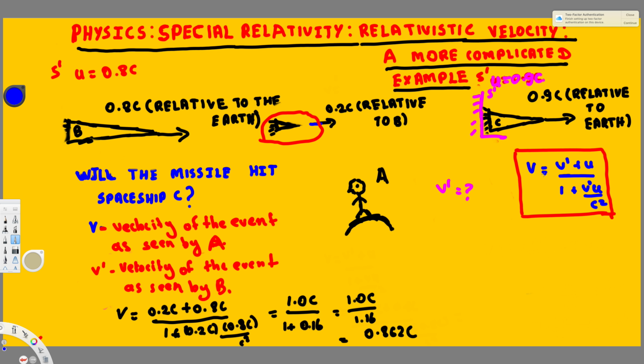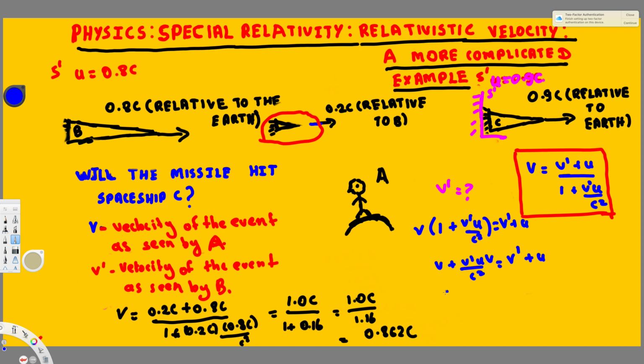First we have to rearrange this equation, because this Lorentz velocity transformation equation is in terms of v. In order to rearrange, we bring this denominator and multiply. That's going to give us v times 1 plus v prime u over c square, which is equivalent to v prime plus u. Now let's bring all the v prime to one side. First multiply this one, so this is v plus v prime uv over c square, and on the other side we have v prime plus u.